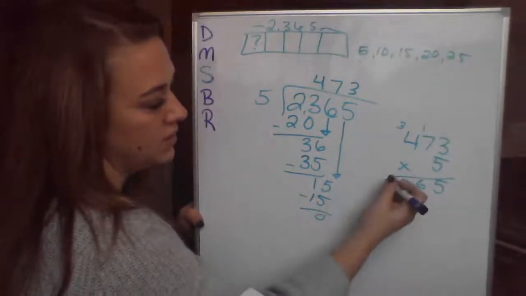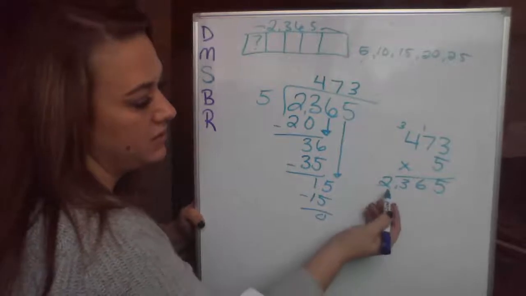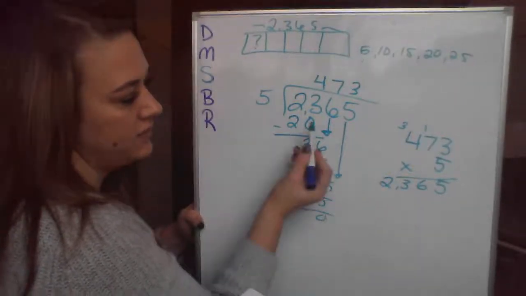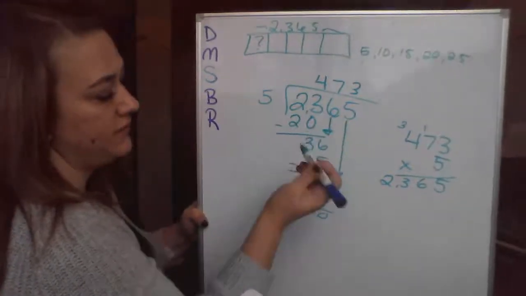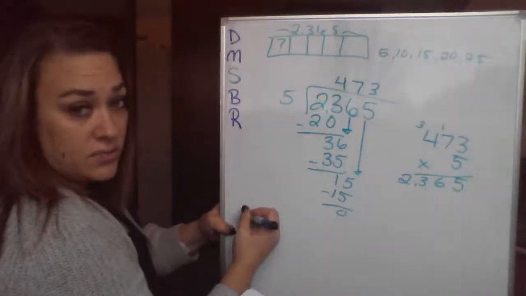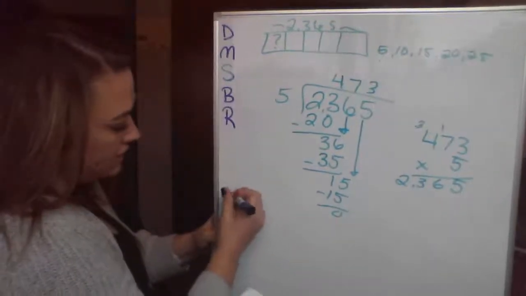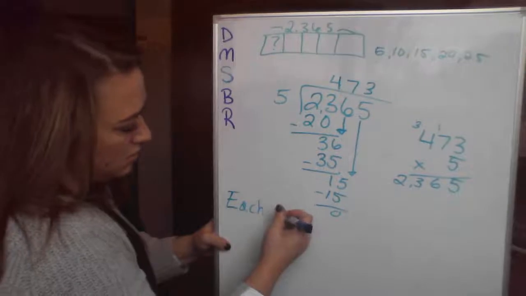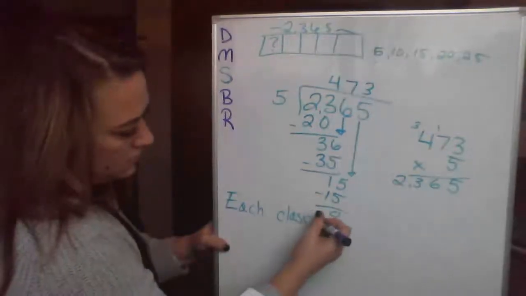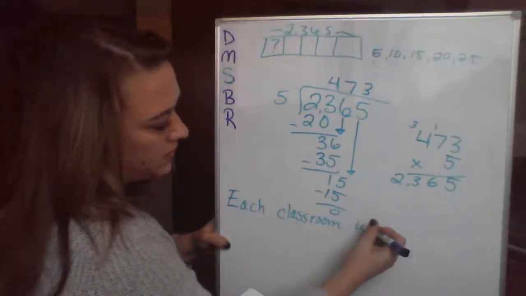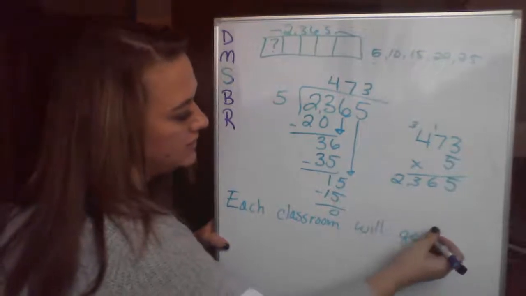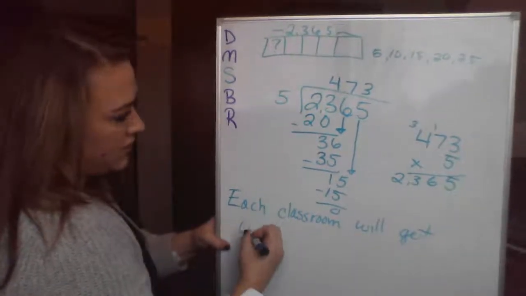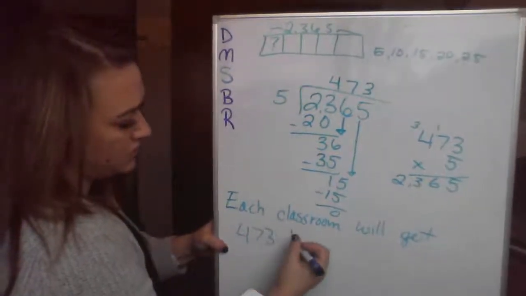I'm going to see 2,365. So we can say each classroom will get 473 books.